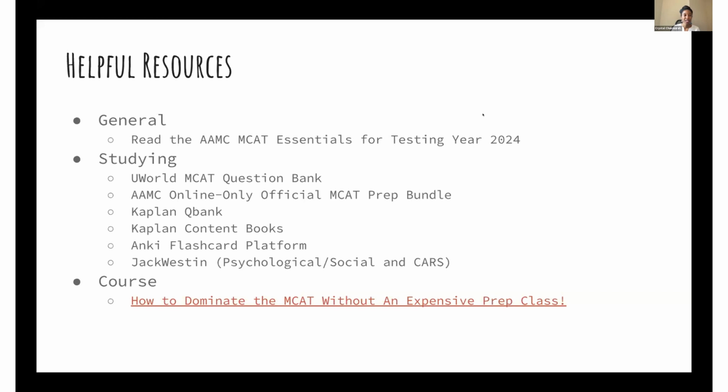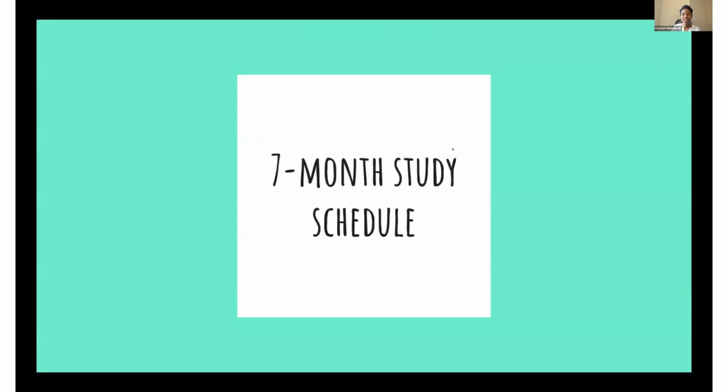So to answer Holly's question, now into more detail of the exact schedule that I used in terms of day to day and the process. For me, that looked a little bit different depending on where I was in my study process.